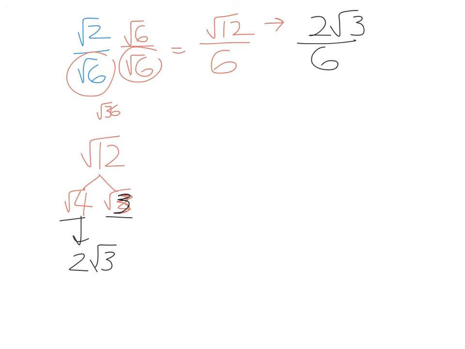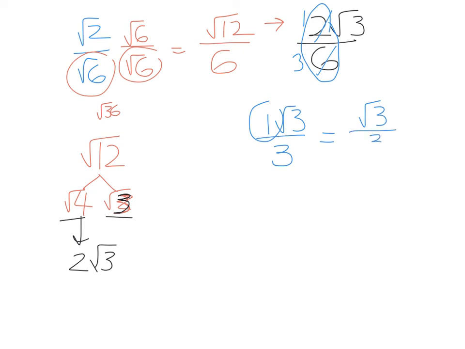Not done with this one yet because I have a fraction that can be simplified. Just plain 2 over just plain 6, neither one is under the radical. So I'm going to divide them both by 2 and get 1 rad 3 over 3. That 1 right here is not really needed, so your answer would just be rad 3 over 3.